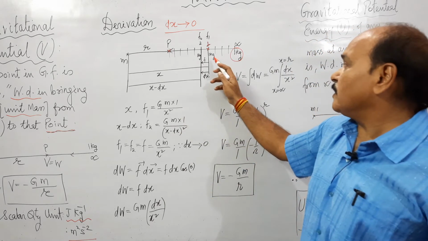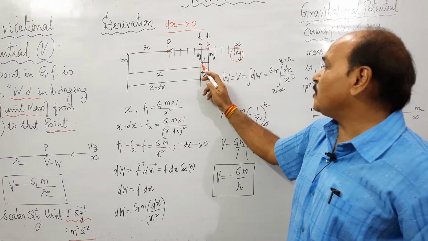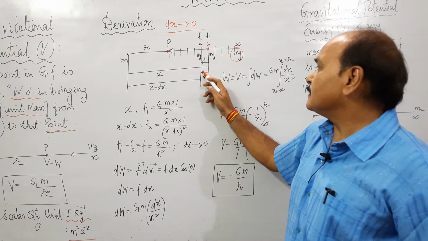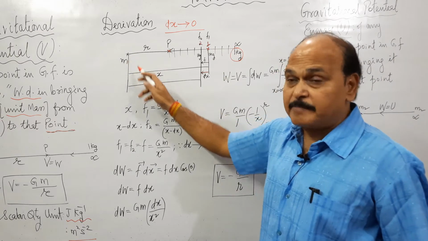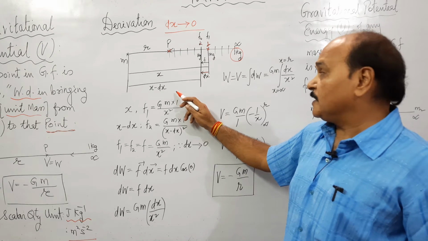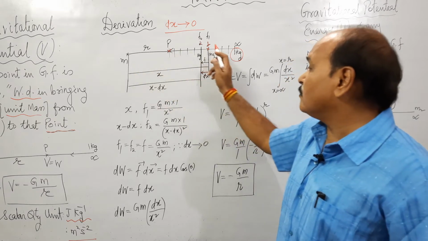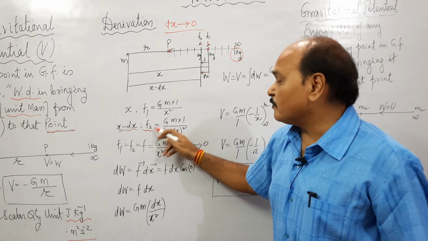And when this 1 kilogram mass moves from 1 to 2, it undergoes a displacement how much? dx. Now what is the distance of 1 kilogram mass from this point mass m? This distance is going to be x minus dx. So when the distance between mass m and 1 kilogram is x minus dx, the force is F2. And what is this force F2?